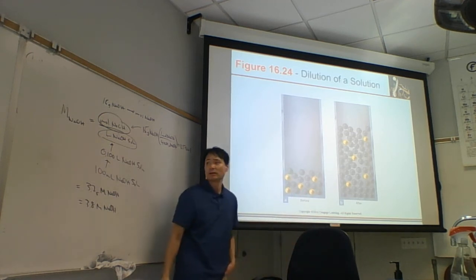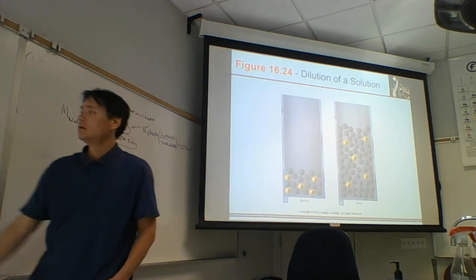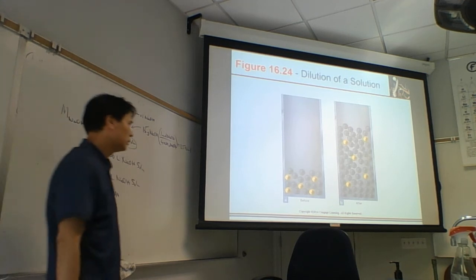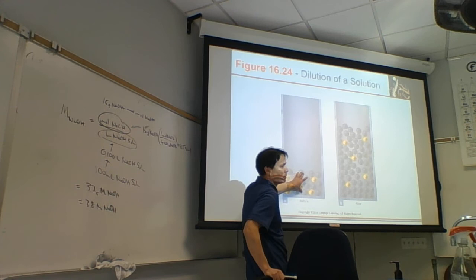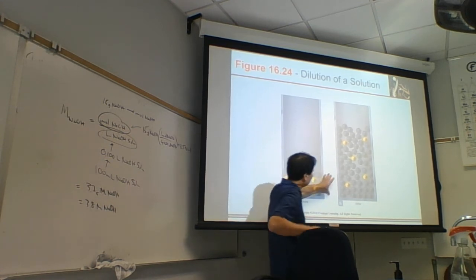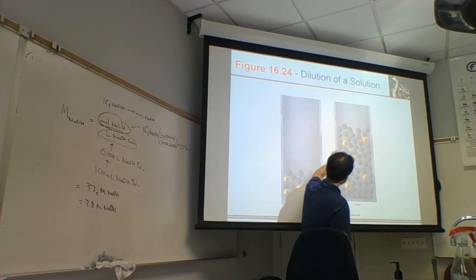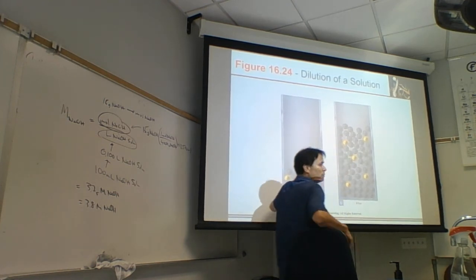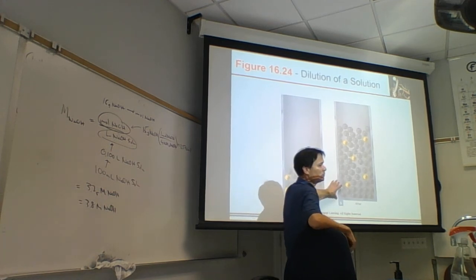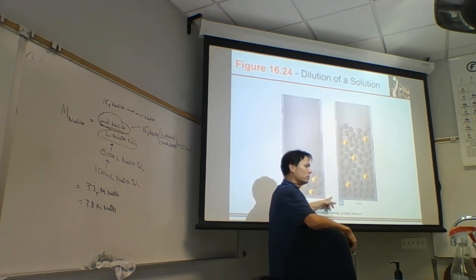This dilution factor comes from this. We start off with one part, and then we end up with how many parts? If this is one part, then it looks like we end up with 1, 2, 3 parts. So if we start off with one part and end up with 3 parts, that's called a 1-to-3 dilution.